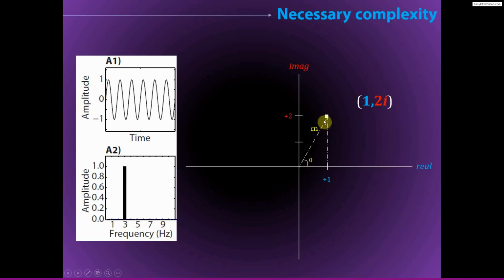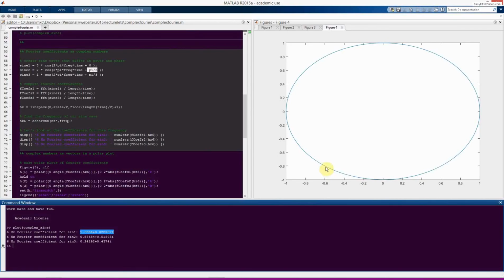I told you that the length of this line we take as the amplitude. To extract this, we need to compute the magnitude of this line, which we can compute as the square root of the real part squared plus the imaginary part squared. And to get the phase, we can take the arctangent of the imaginary component over the real component.